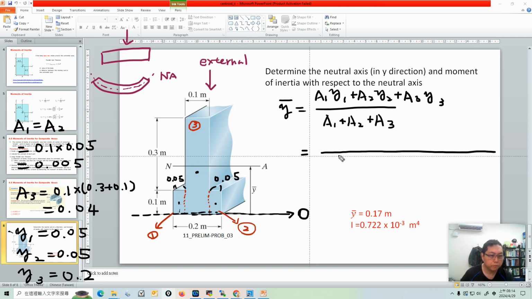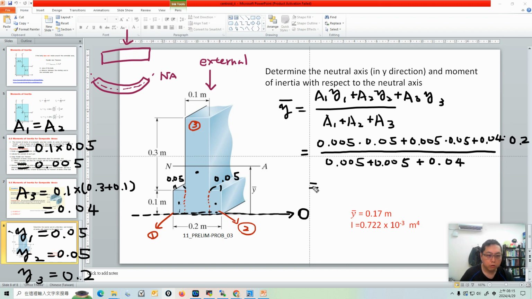So it's 0.005 times 0.05 plus 0.005 times 0.05 plus 0.04 times 0.2.